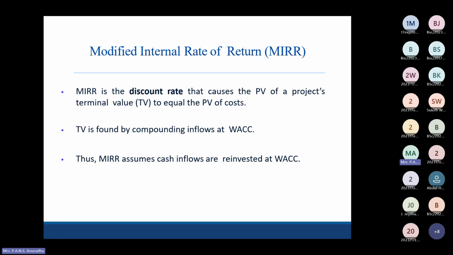If I further elaborate, terminal value means you have to value the project to the terminal year. So MIRR is the discount rate where the terminal value of the project is equal to the present value of the project.